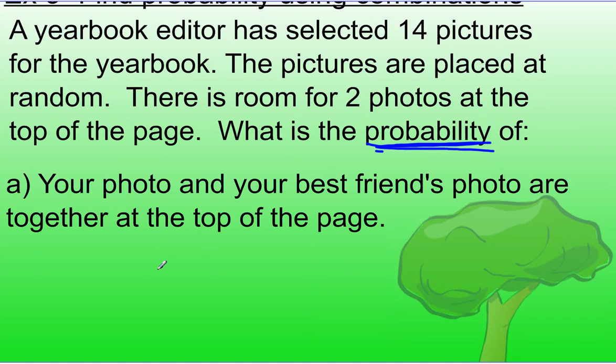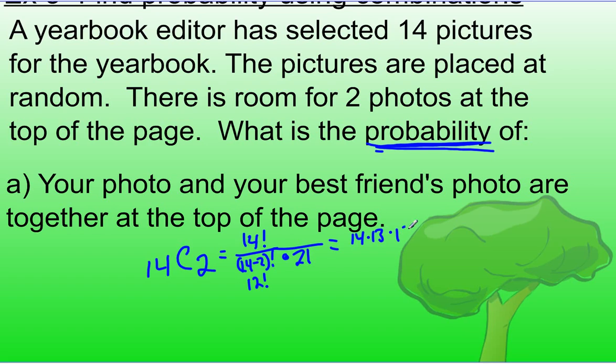So we're talking about 14 and you're choosing 2 of them. That's essentially what we're doing. So that would be 14 factorial over 14 minus 2 factorial, times another 2 factorial. If you think about this, I'm going to try to avoid writing out everything. We've got 14 times 13 times 12 factorial, right?